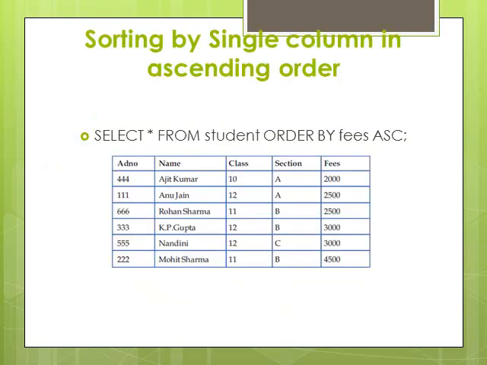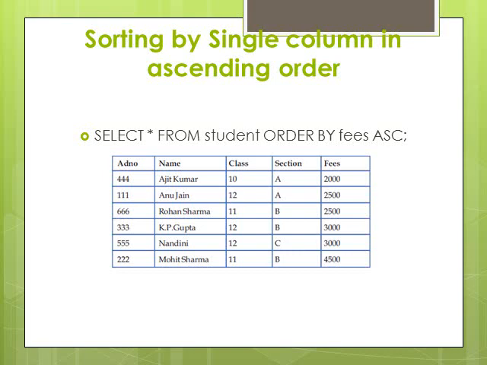Sorting by single column in ascending order. For example, the query select star from student, order by fees, ascending. It will give you the output as all the records of the student table, but arranged in ascending order of the fee value in the fee column.